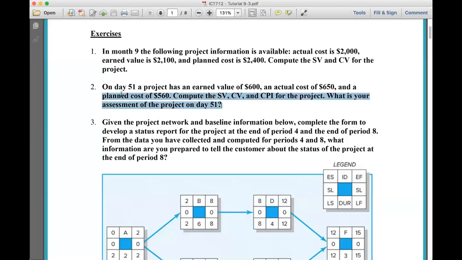All right, guys, have you finished with the second exercise? Did you calculate the schedule variance? Anyone?